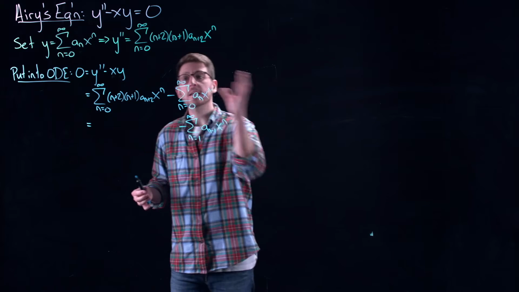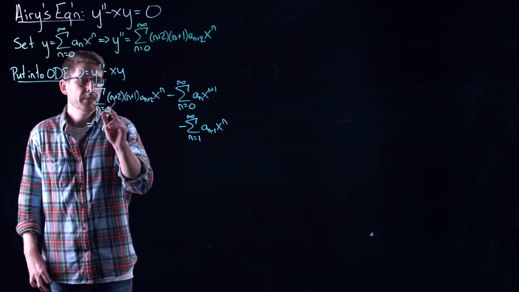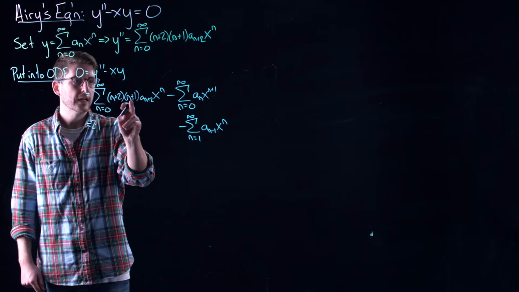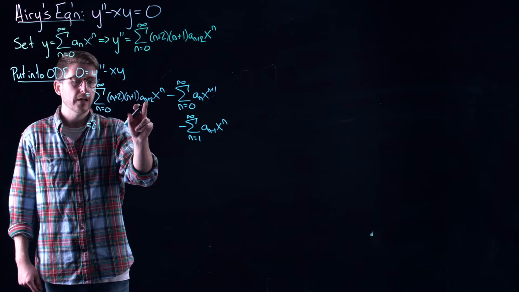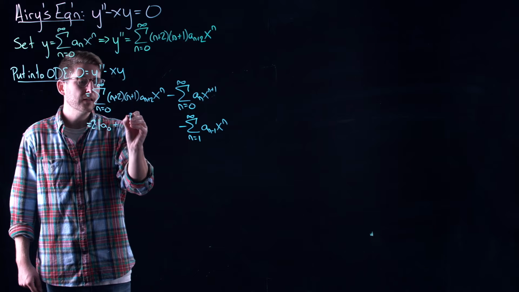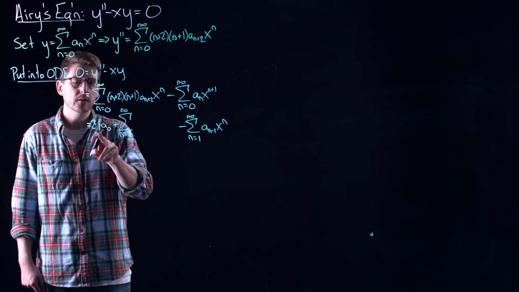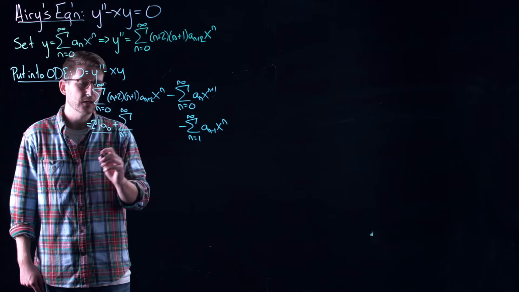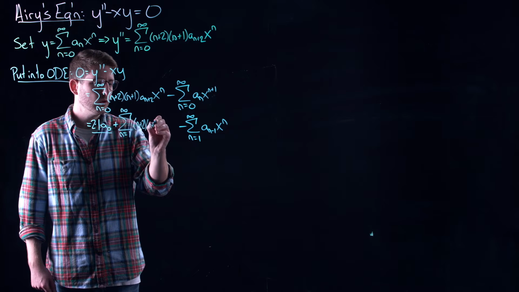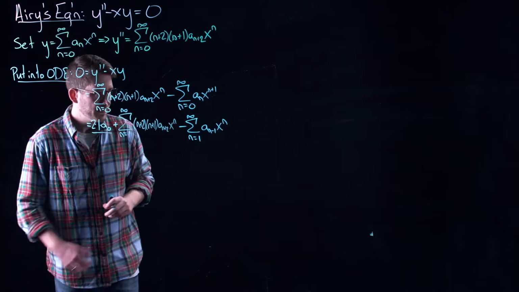That's okay. I can take the first term out of the sum. So at n equal to 0 here, I get 2 times 1, that's these pieces, times a_2. And now I can write the rest of the sum starting at 1. Why? Because I took out the n equal to 0 piece right here. So I get (n+2)(n+1) a_(n+2) x^n.